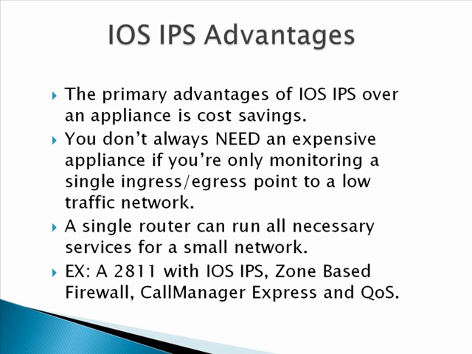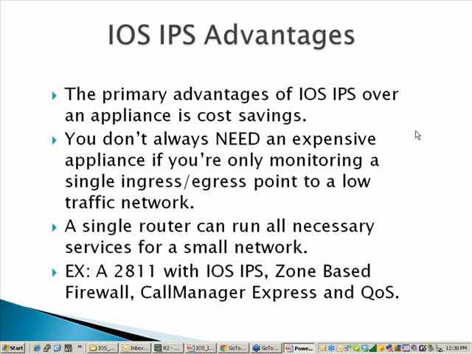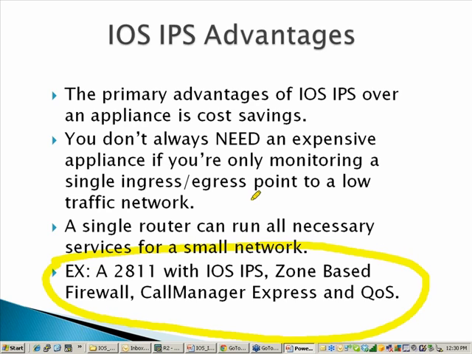So having an all-in-one type box is a good thing, and kind of the point here. So, you have a branch office. Maybe you're running the classic 2811. You're running IOS IPS. You're running a zone-based firewall to filter out traffic. Anything that gets by that gets inspected by the IPS. Maybe you're also running your phones with that router, QoS stuff going back to the main office.